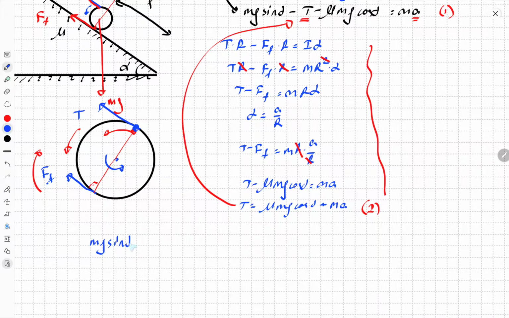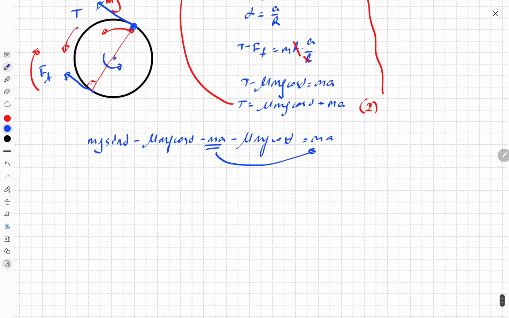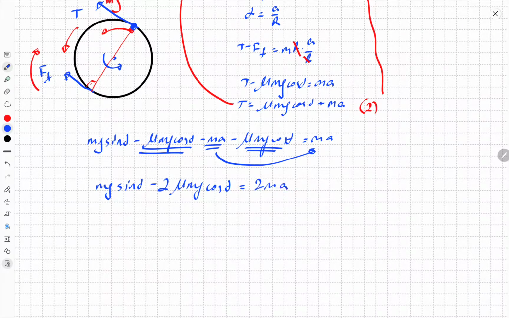mg sine alpha minus tension, which is mu mg cosine alpha plus ma, minus mu mg cosine alpha equal to ma. We can take ma to this side. Here we have mg cosine. So basically 2 mu mg cosine alpha equal to 2 ma.